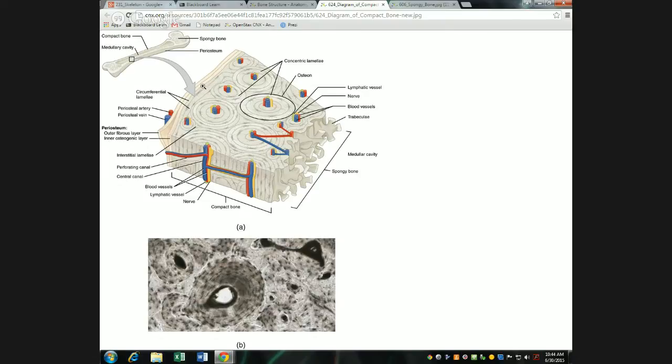For a long bone, what we're looking at here is basically a little chunk of the diaphysis wall. On the inside surface of the diaphysis, it sort of becomes spongy bone that then drops off and gives rise to the cavity in the middle. But the inside surface of a long bone is going to have a little bit of spongy bone there in the middle.